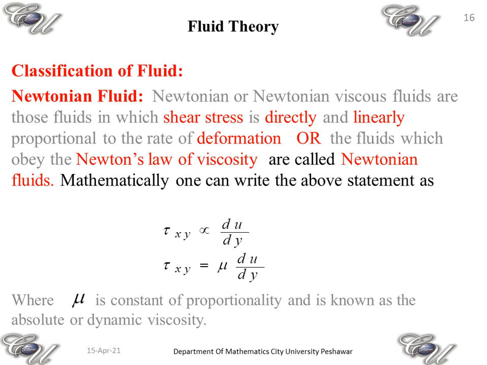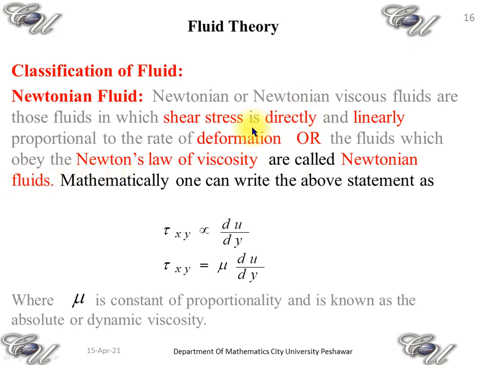So you can see Newtonian fluids, or Newtonian viscous fluids, are those fluids in which shear stress is directly and linearly proportional to the rate of deformation. The fluids which obey Newton's law of viscosity are called Newtonian fluids.